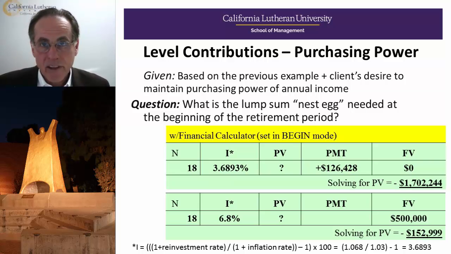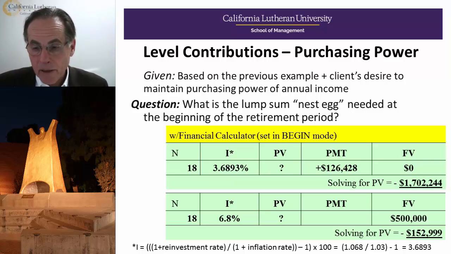We need to use an inflation-adjusted discount rate. And that is going to be 1 plus the reinvestment rate of 1.068 divided by 1 plus the inflation rate, which is 1.03, minus 1, or that quotient minus 1 times 100, which comes up with 3.6893%.